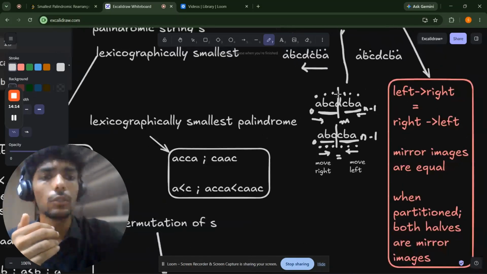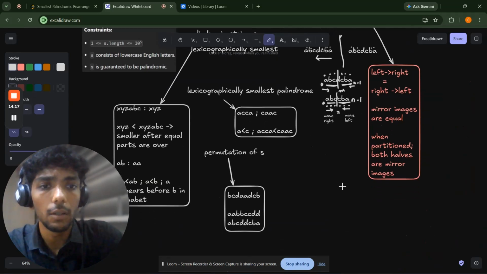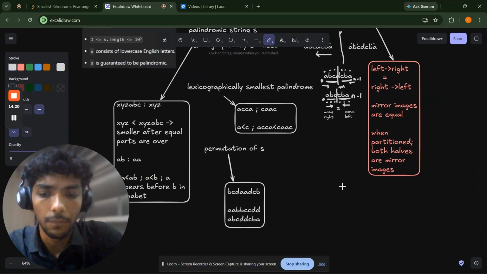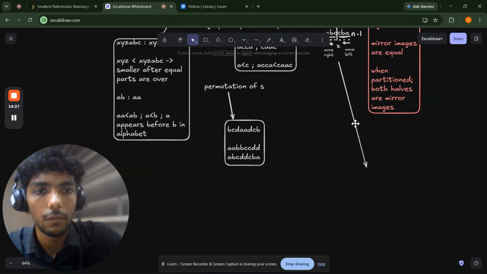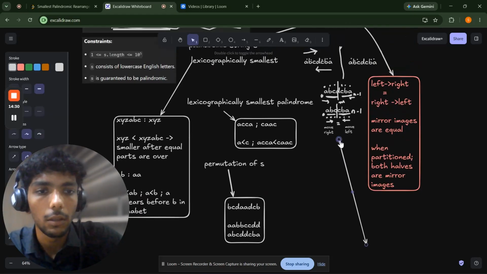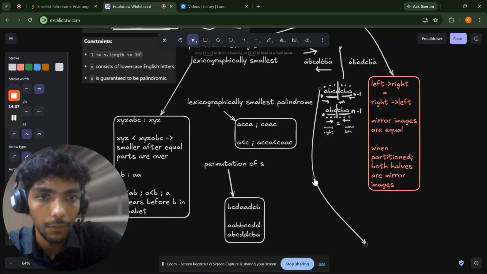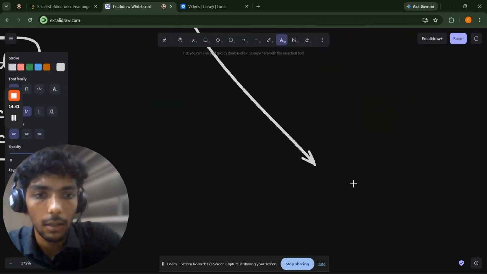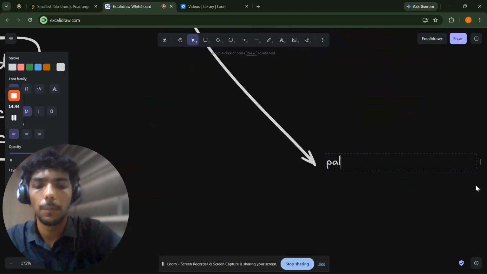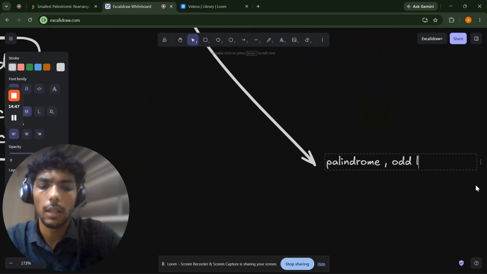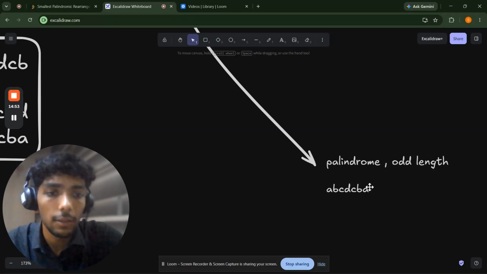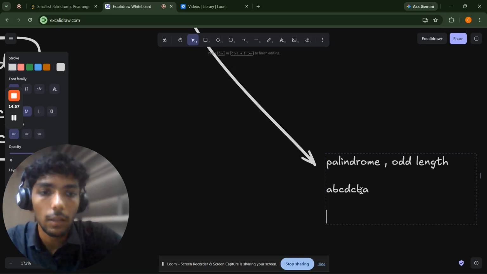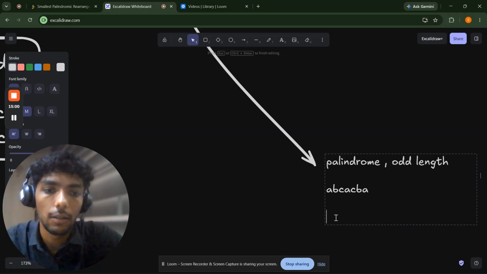So from this we also get a particular conclusion, from the above one, the middle one, that if it is a palindrome and of odd length, for this example A B C D C B A, let's instead of D take A here.